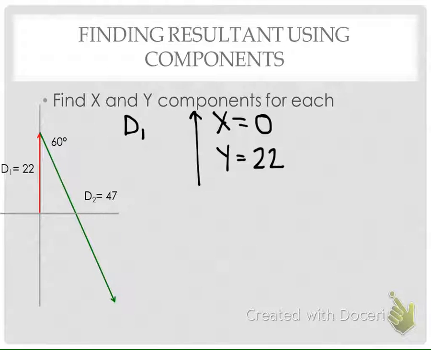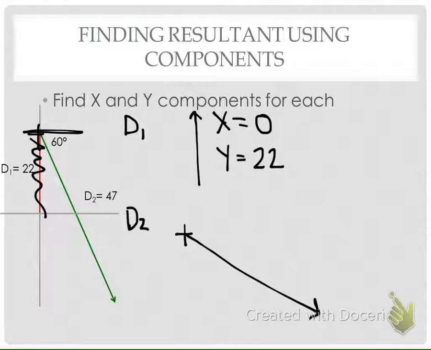That's important. Now our second displacement vector. We're not looking at that one right now; we're kind of resetting our origin here. It said it was 60 degrees south of east. So that means 60 degrees goes here.